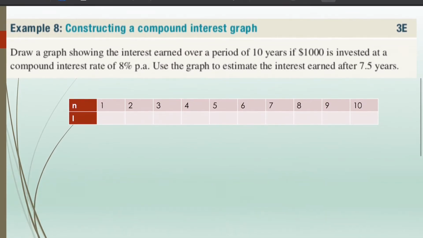Let's have a look at this example. We're going to start out with a table of values. We're always going to start out with a table of values. The good thing about this is we don't actually have to change our formula like we did with simple interest. All we do is simply plug in our numbers and just change our n each time.